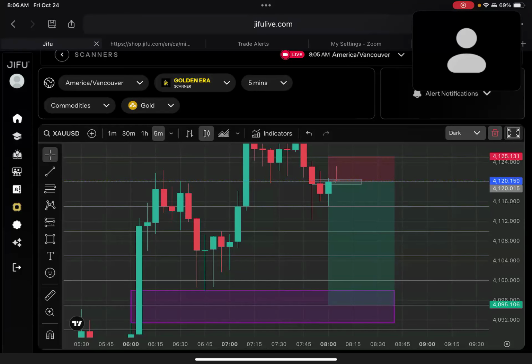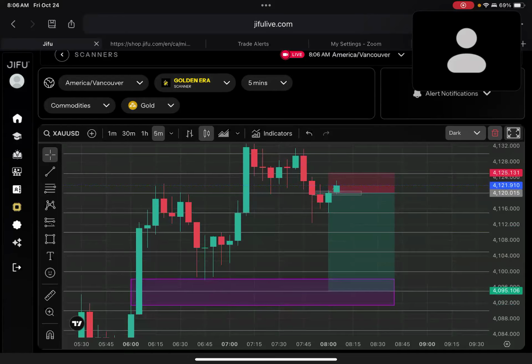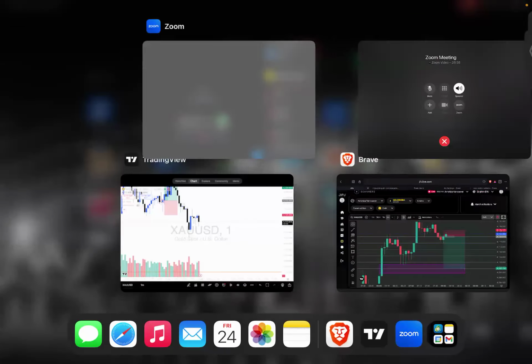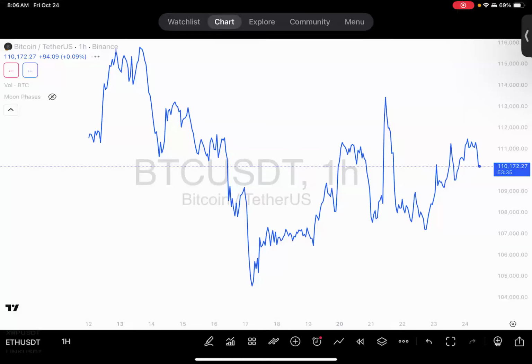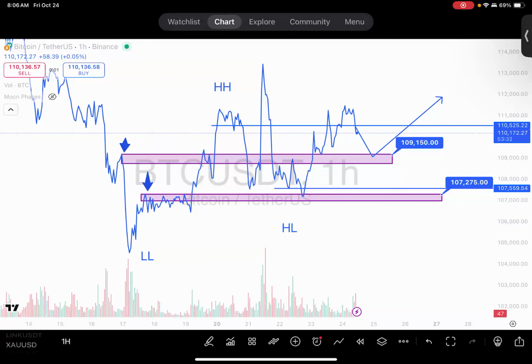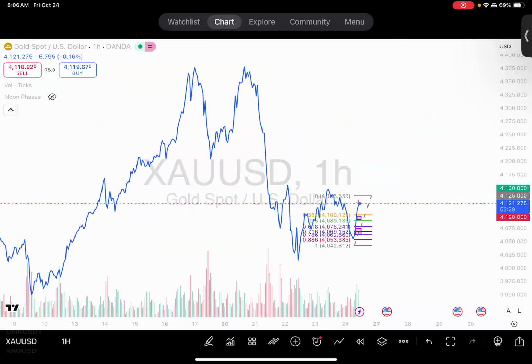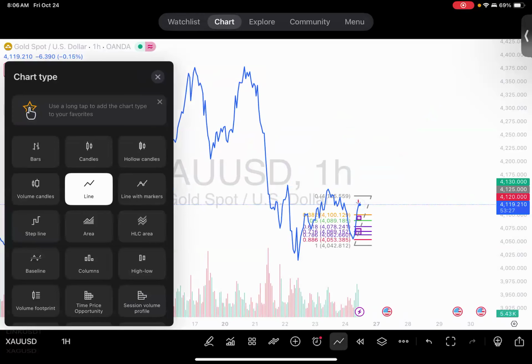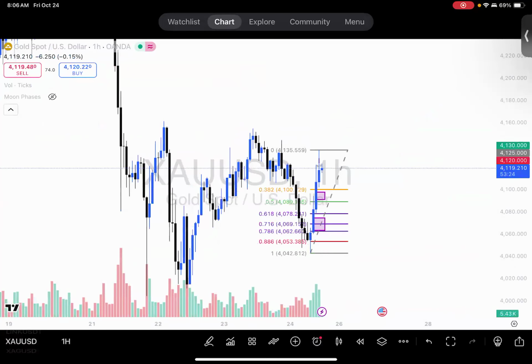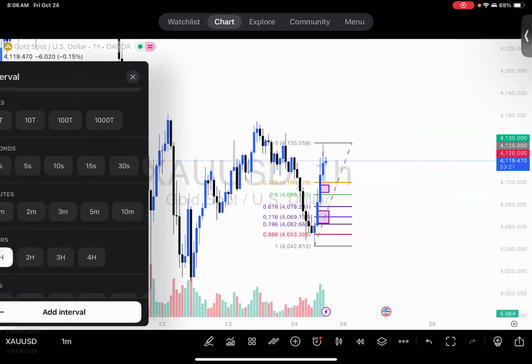Let's see. Take a look on this 1 minute time frame.